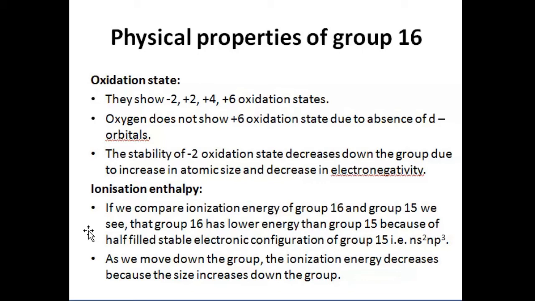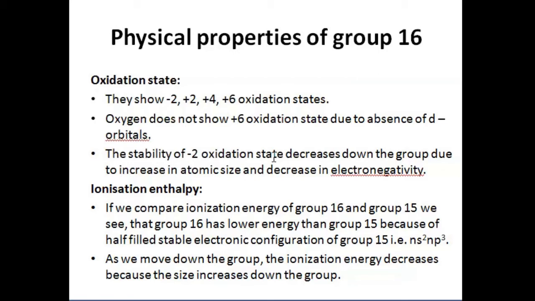It is a variable oxidation state, but oxygen will not show the +6 oxidation state because of the absence of d orbitals, and the stability of the -2 oxidation state decreases down the group because of the increase in atomic size and decrease in electronegativity.